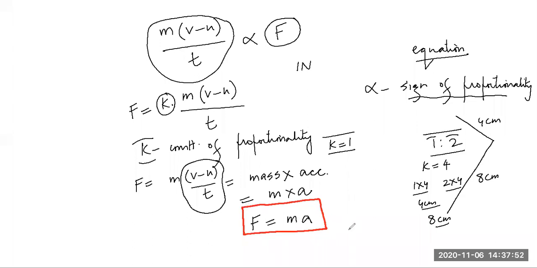Okay, students. Now, from this comes the important thing. I told you today we will discuss what definition we understand from the second law of motion, and that definition is the definition of force.